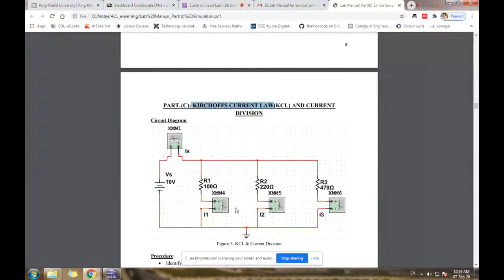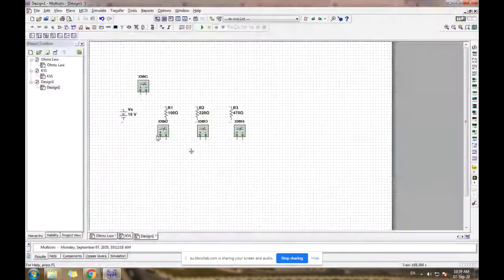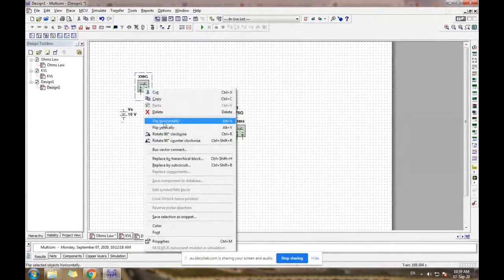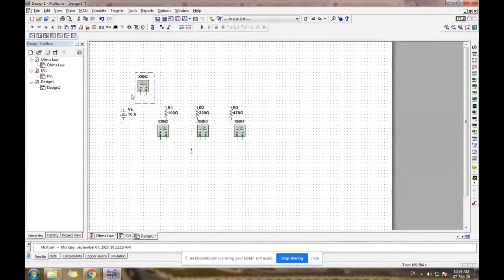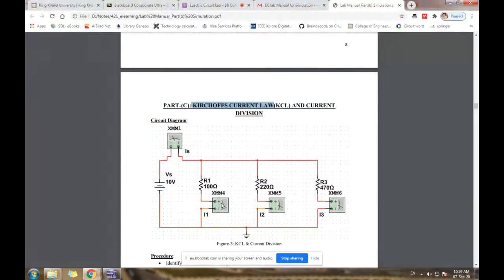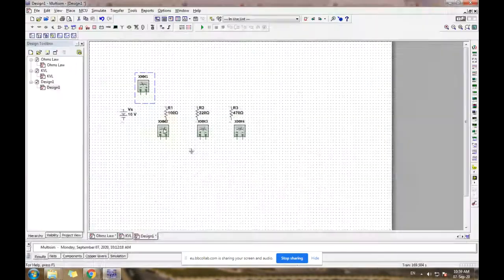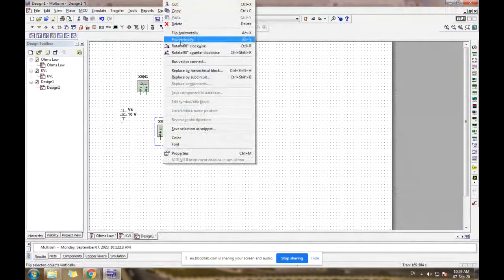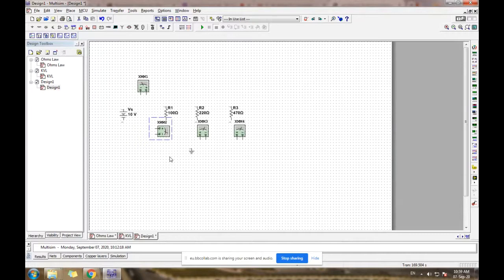From the lab manual, you can see it is positive up, negative down. This is negative here, positive here. So rotate this, flip horizontal, negative and positive. So let us connect this. So it is positive up, negative down, right?